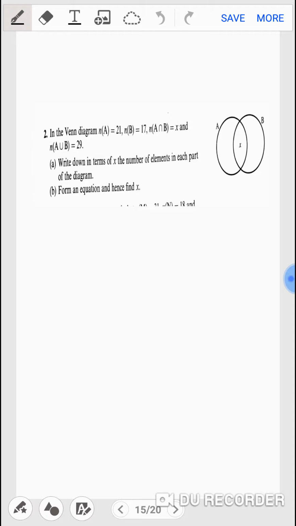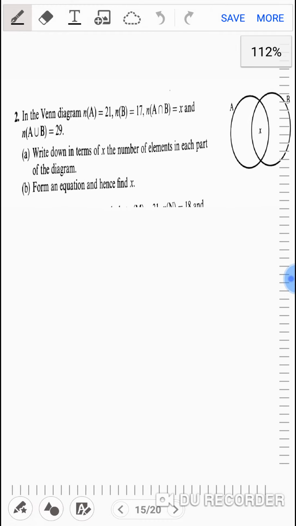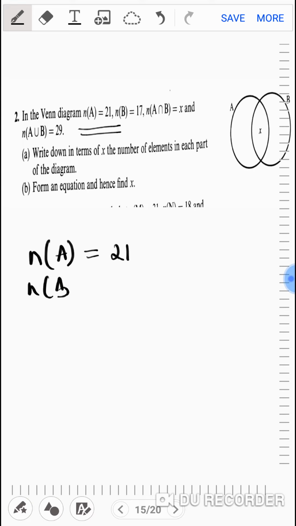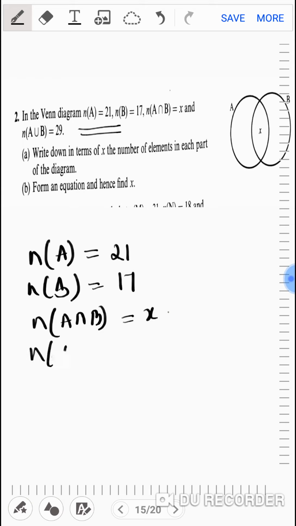Next, we have number of elements in set A 21, number of elements in set B 17, and number of elements in A intersection B is X. Number of elements in A union B is equal to 29.